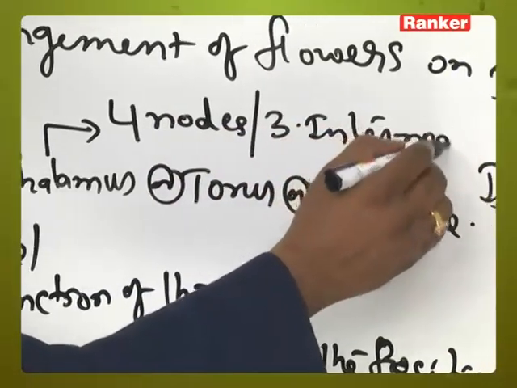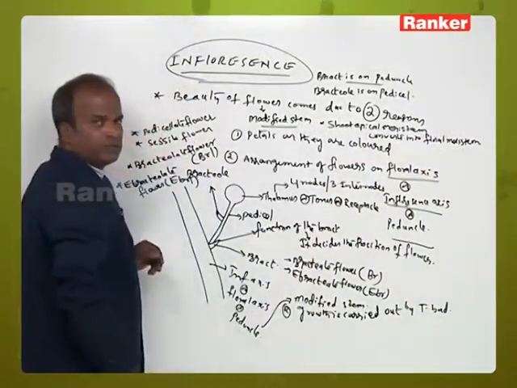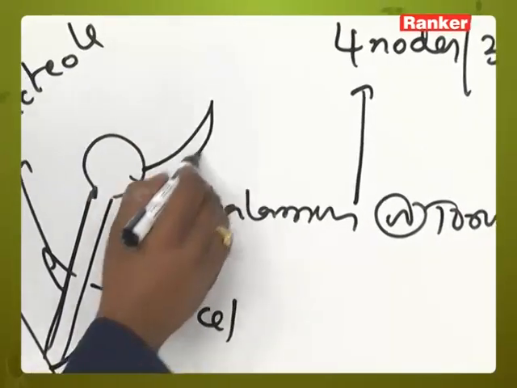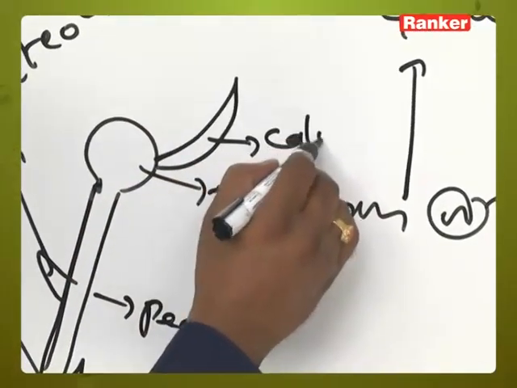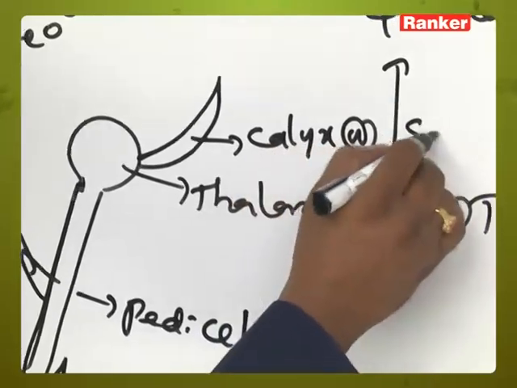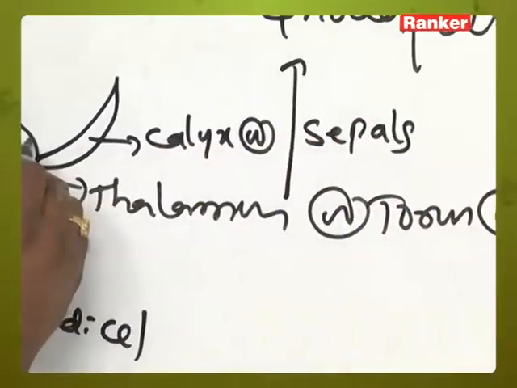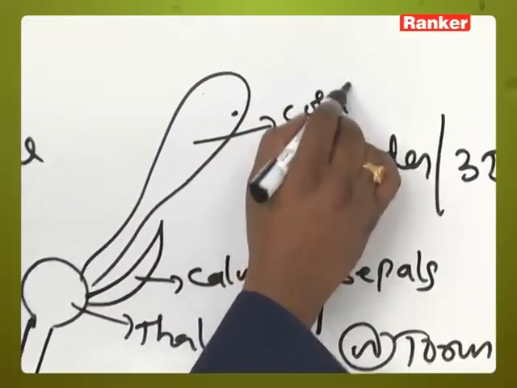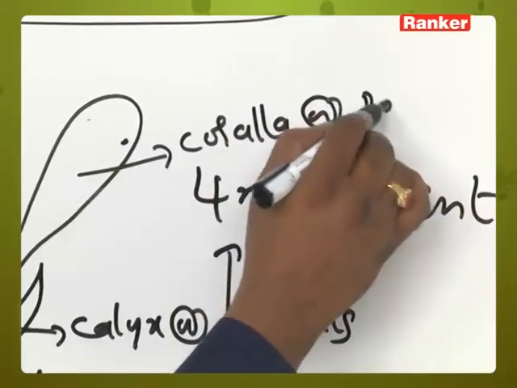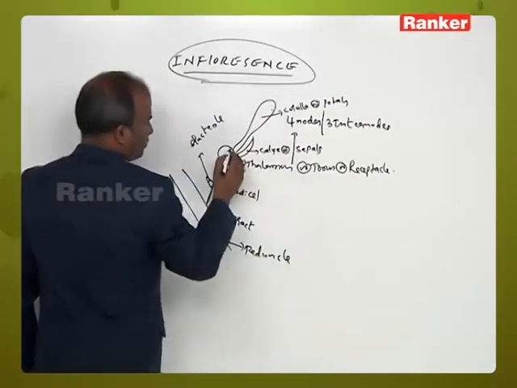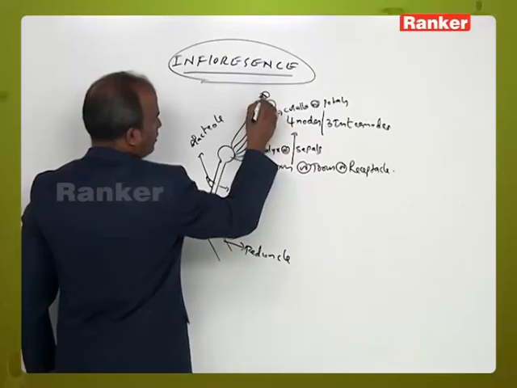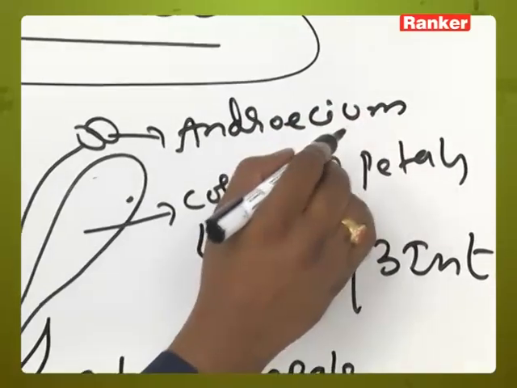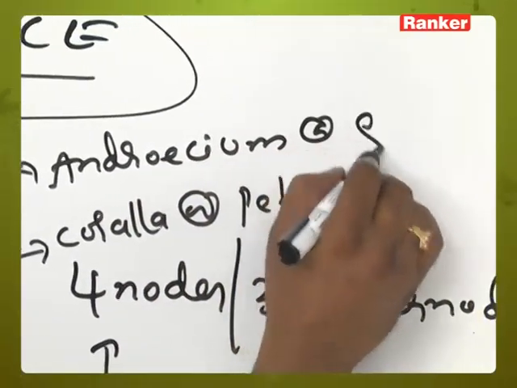The first node is occupied by calyx, in floral whorl called sepals. The second node is occupied by corolla, called petals. The third node is occupied by androecium, or stamens.